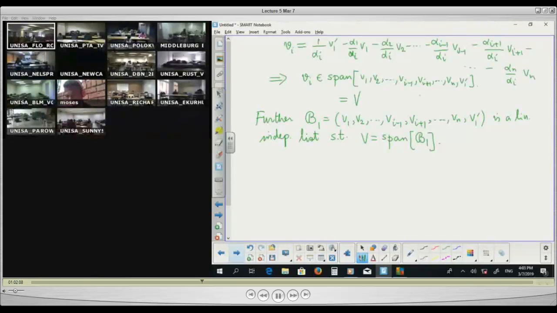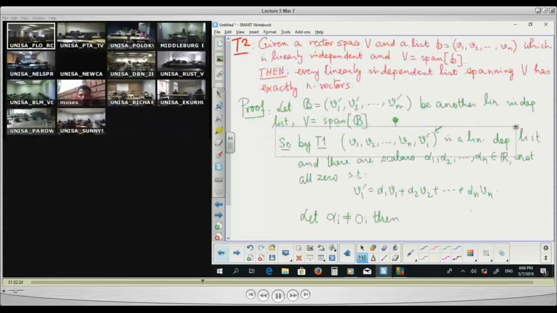Now, what is the end shot of this? I started off with this one in the proof. I was given this one. Excuse me, sir. Look, on your logic here, you say by T1, that list is a linearly independent list.